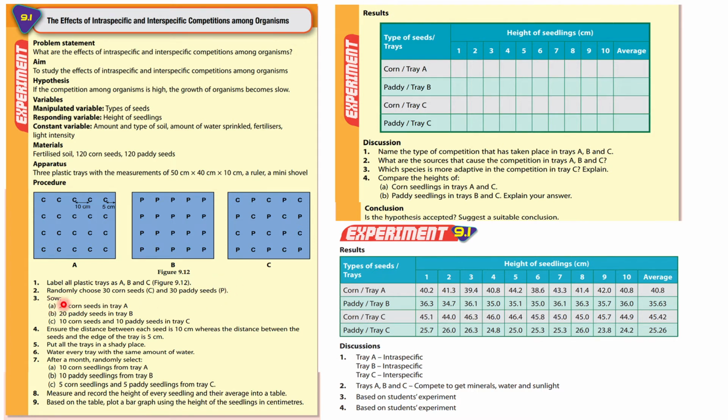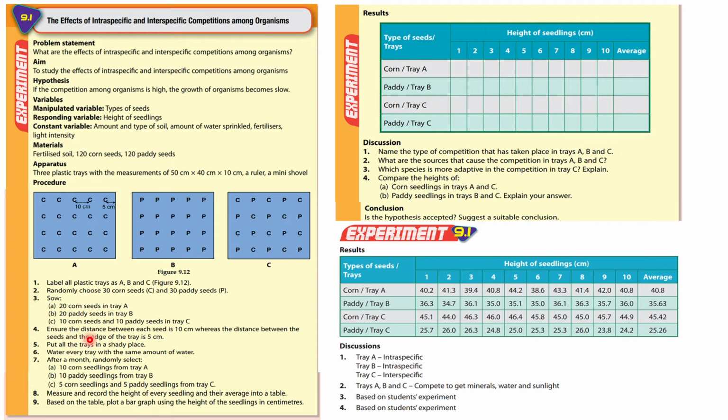And we are to sow 20 corn seeds in tray A. For tray B, 20 paddy seeds, and for tray C, 10 corn seeds and also 10 paddy seeds respectively.